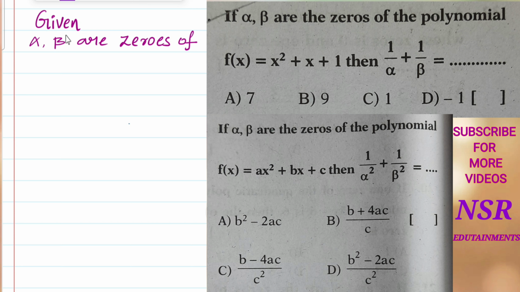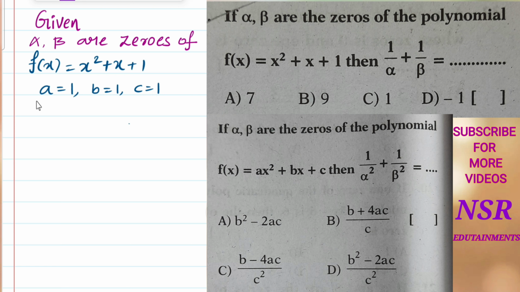Okay, so first write the given polynomial. Here alpha and beta are zeros of f of x equal to x square plus x plus 1. Now by comparing with ax square plus bx plus c, small a equal to 1, which is the coefficient of x square. Small b equal to 1. Small c is the constant term, which is also 1.